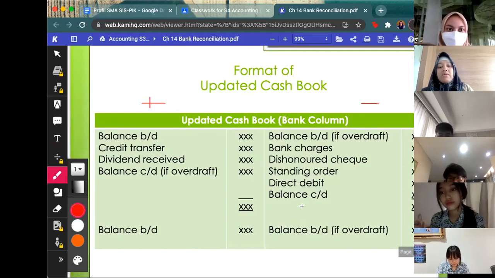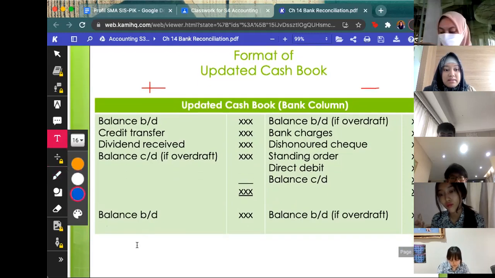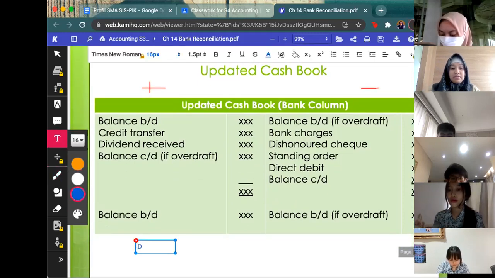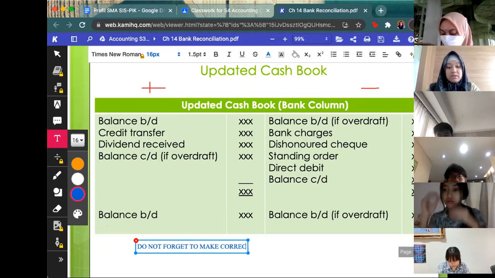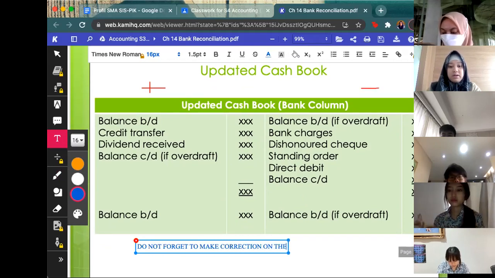No? Now, don't forget to put down the error. I did not put the error in this T account because an error can be on either the debit or the credit side. It depends on the error. Once again, do not forget to make a correction on the error.